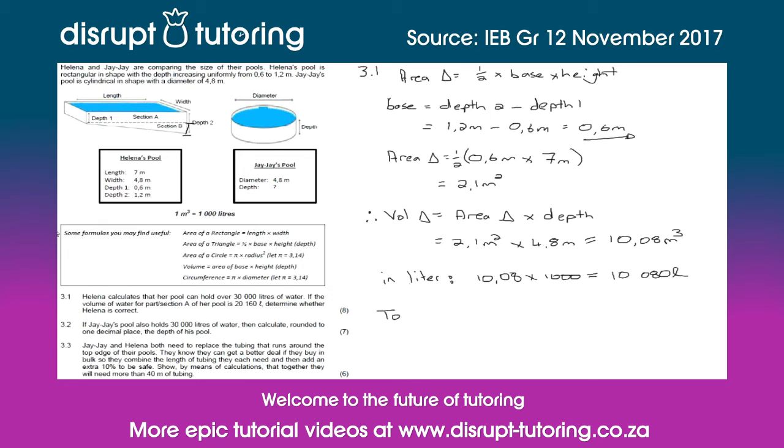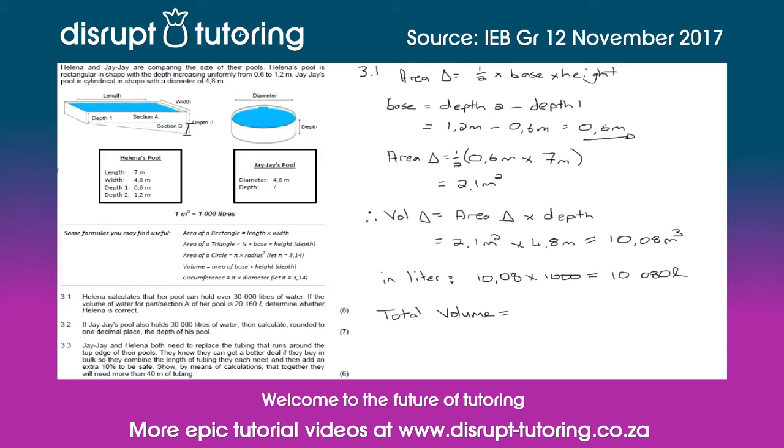So then we can calculate the total volume. So total volume will equal section A plus section B, which we've just calculated. They told us that section A is 20,160.